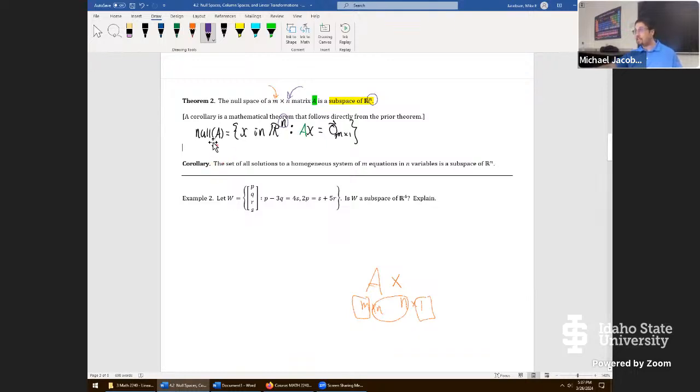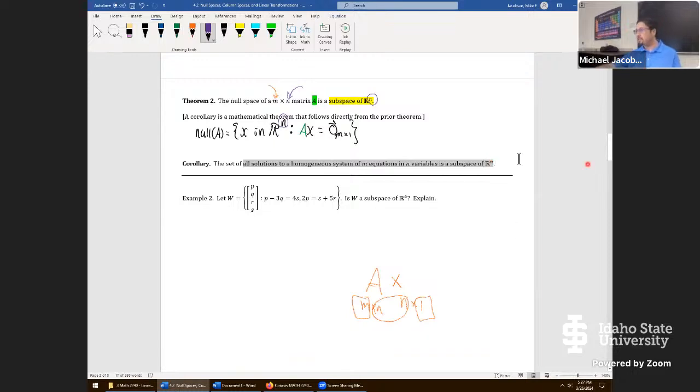Here's the first fact. This is labeled as a corollary, meaning it's a direct consequence of the theorem right above. The null space is a subspace. Then we can say the set of all solutions to a homogeneous system of m equations and n variables also has to be a subspace.